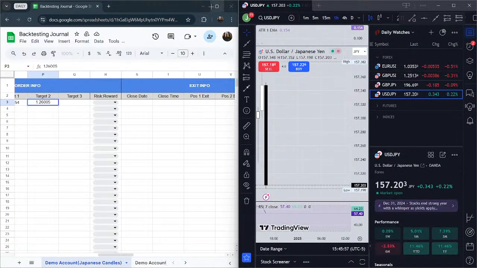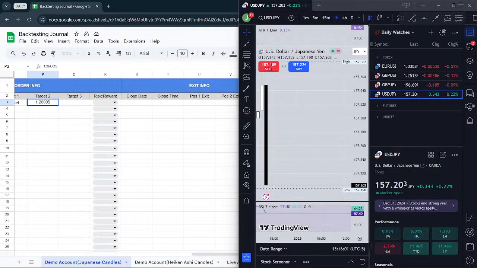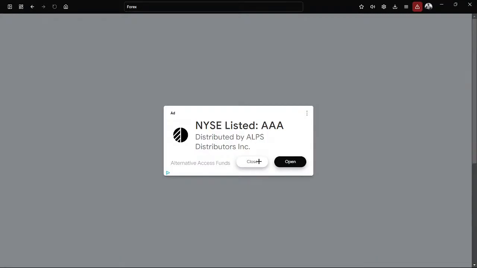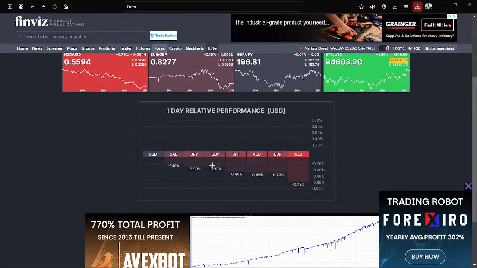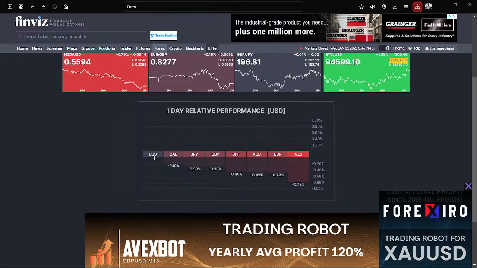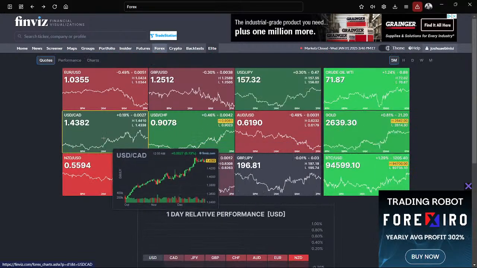So we're gonna go back to the Japanese yen. We're gonna go to Finviz. Right now the Japanese yen is around the same thing as the GBP. So we're gonna use the USD against the yen. So that's how it's supposed to run.